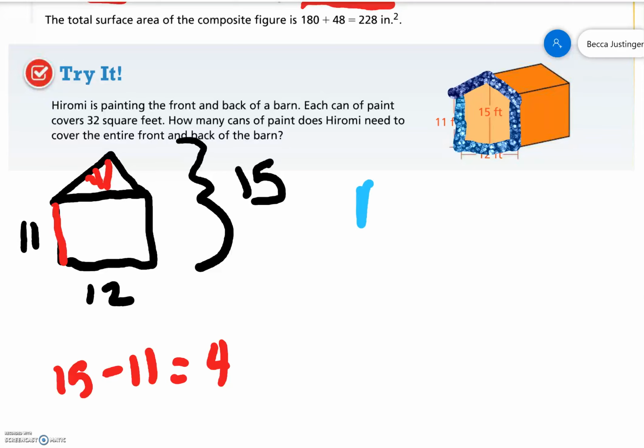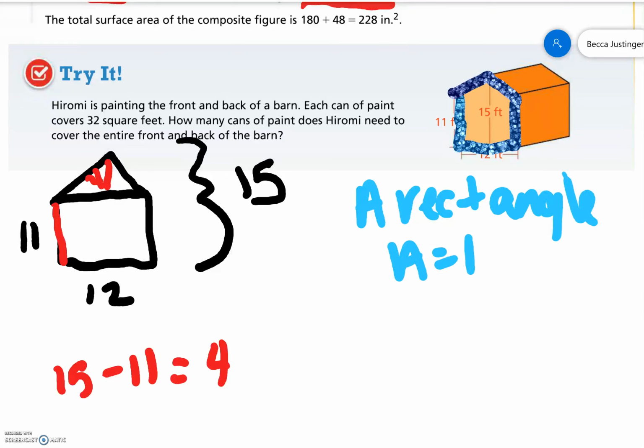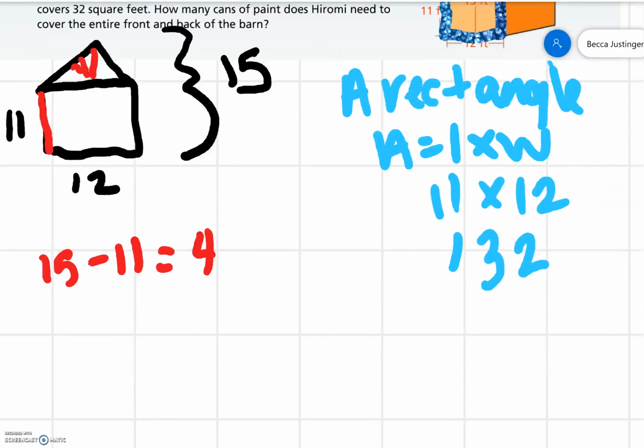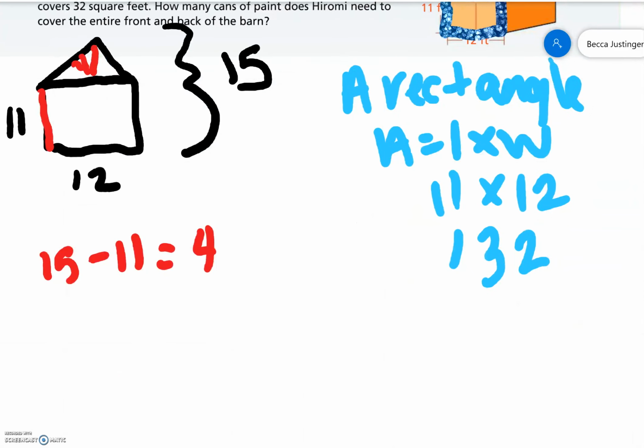So now we find the area of the rectangle, which is length times width, which is 11 times 12, which is 132 feet squared.